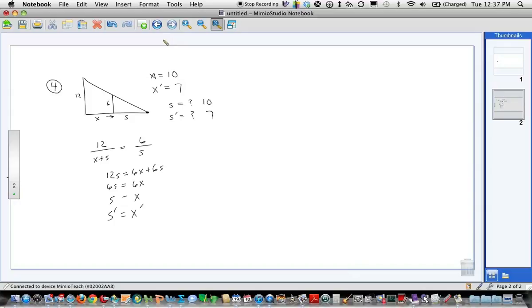Okay. Number 7 had another aspect to it. We had a rectangle. Both sides are growing.